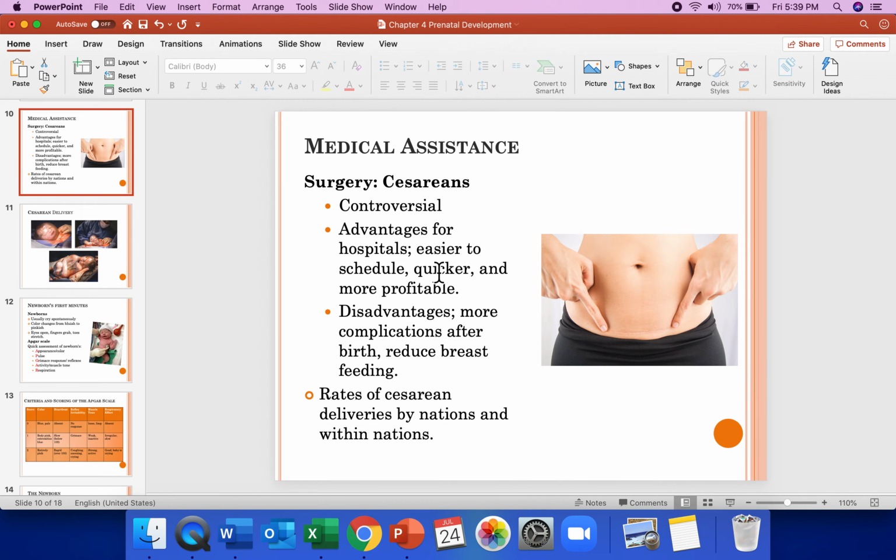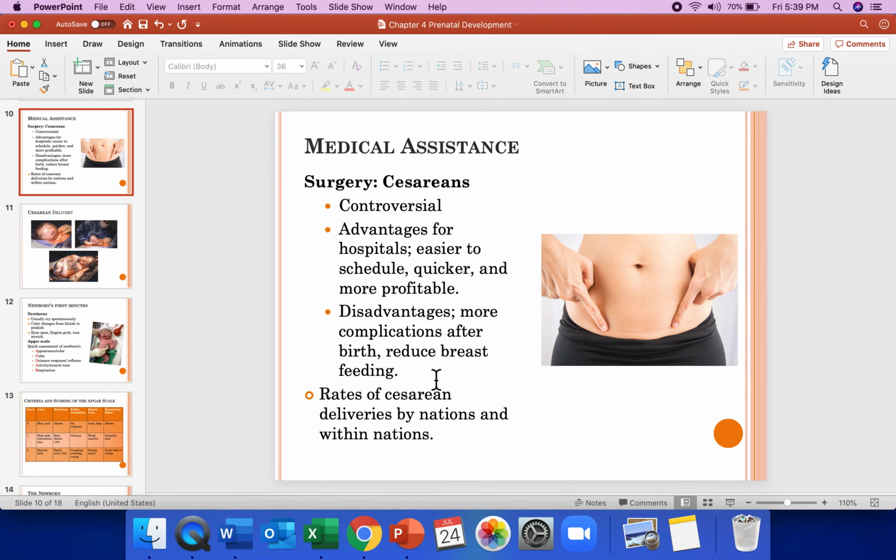The advantages are that it's easier to schedule, for the convenience of the mother and the convenience of the doctor. It's quicker, and of course, you're not waiting to labor. God knows how long you're going to take. And of course, it's more profitable for the hospital. The disadvantages are very much the reason why it should be limited to emergencies.